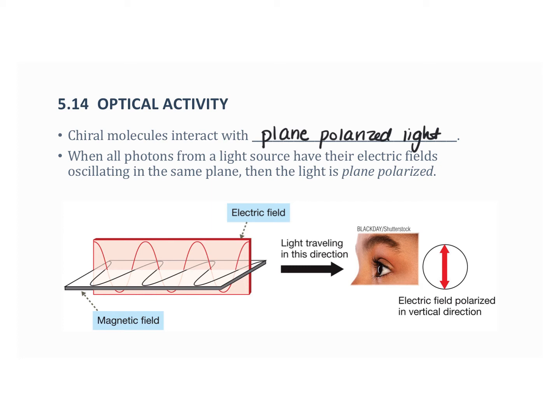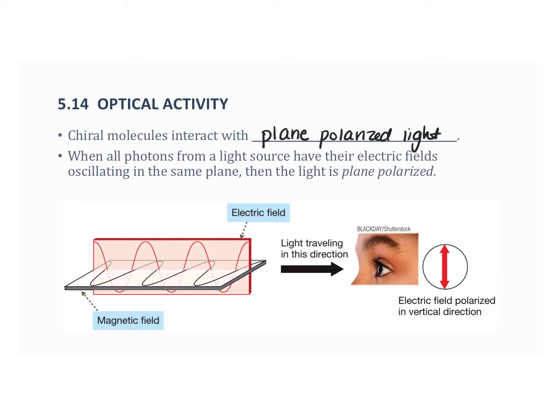What's being shown here is the oscillating, which just means going up and down, electric and magnetic fields. As the ray of light travels through space, its electric and magnetic fields oscillate in planes that are perpendicular to each other, right? So this goes this way and this intersects this way.